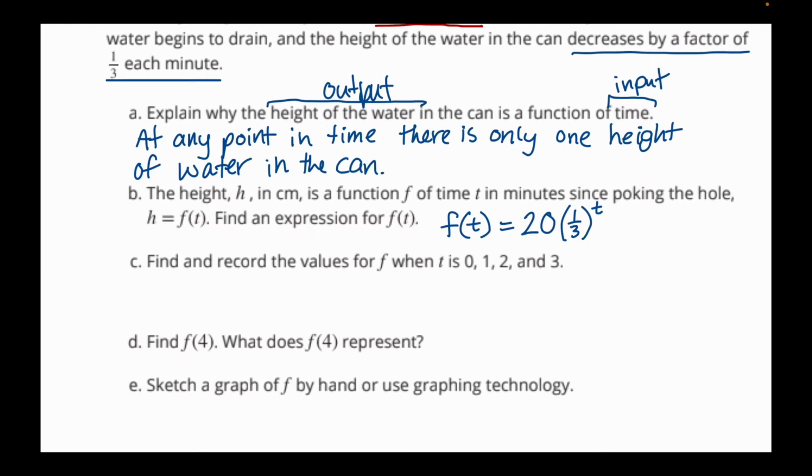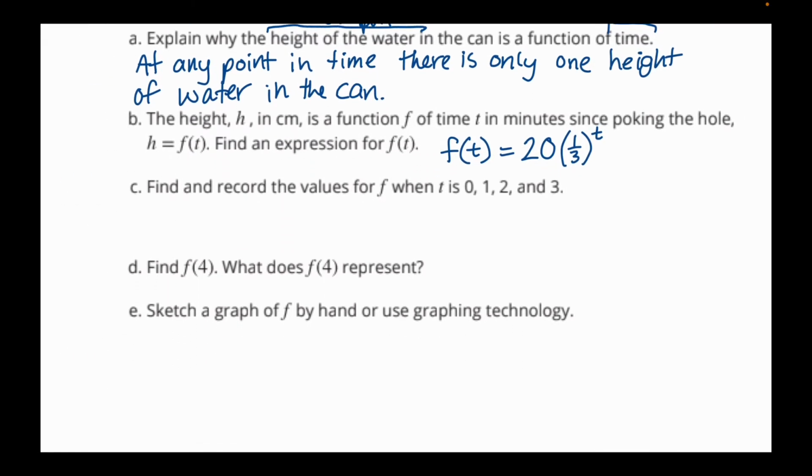So for part C, they're then going to have us go through and find some values at these different points in time. So I'm going to say I have t and f of t. Let's make a table of values. So starting with 0, and then they want us to do 1, 2, and 3. So we'll do 0, 1, 2, and 3.